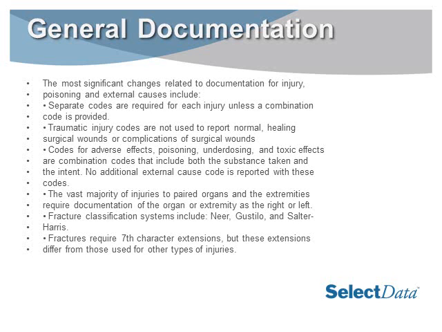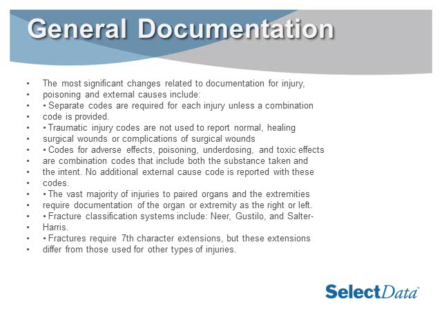The most significant changes related to documentation for injuries, poisonings, and external causes include that there are now separate codes required for each injury unless a combination code is available. As with ICD-9, traumatic injury codes are never used to report normal, healing surgical wounds or complicated surgical wounds. Codes for adverse effects, poisonings, underdosing, and toxic effects are now combination codes that include both the substance taken and the intent.